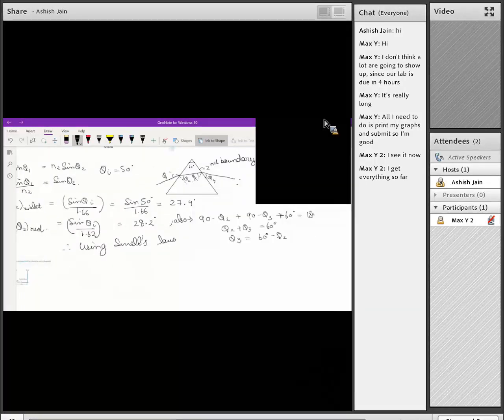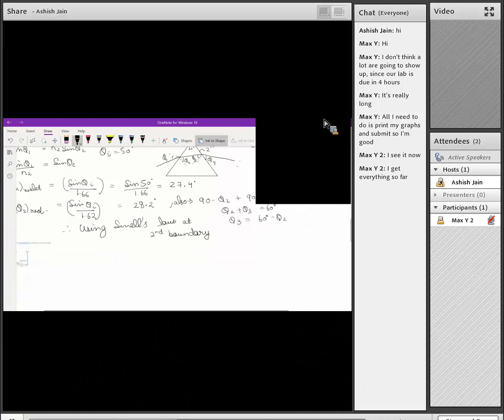So using Snell's law at the second boundary, n3 sine theta 3 equals n, which is 1, so I won't write it, sine theta 4.